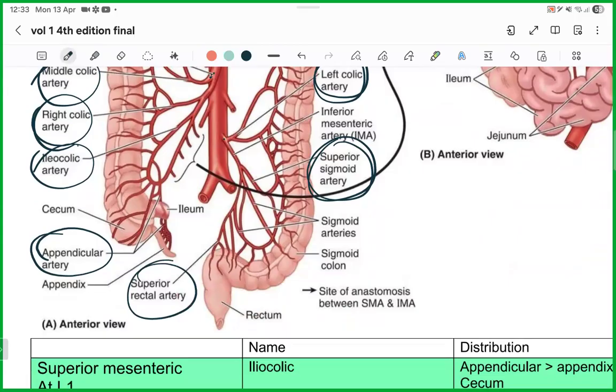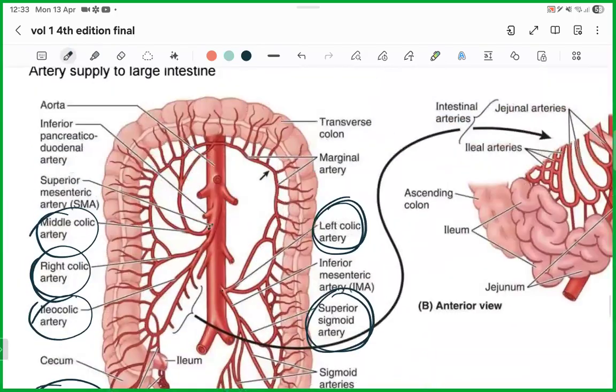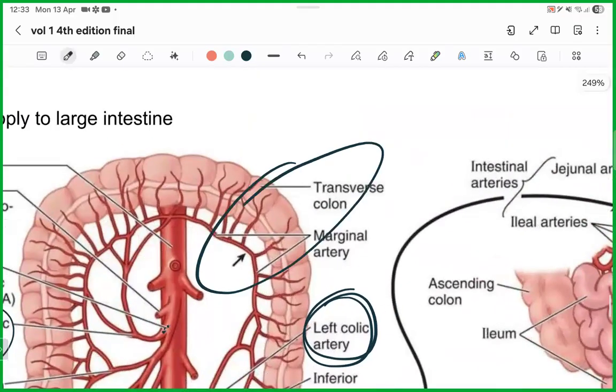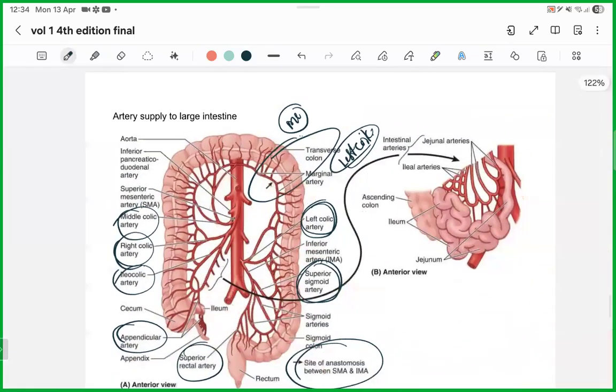These three. So the site of anastomosis between superior mesenteric artery and inferior mesenteric artery is between middle colic and left colic. They are friends. Remember.